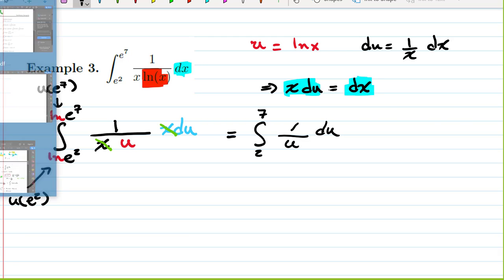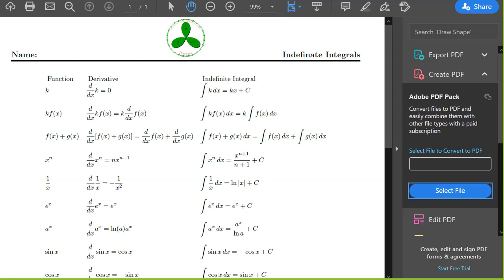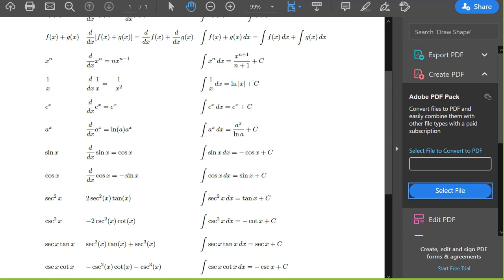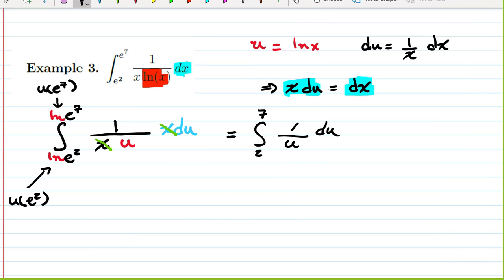So if we look at our antiderivative sheet, we have 1 over x, and the antiderivative, or the integral of 1 over x dx, is the natural log of the absolute value of x.